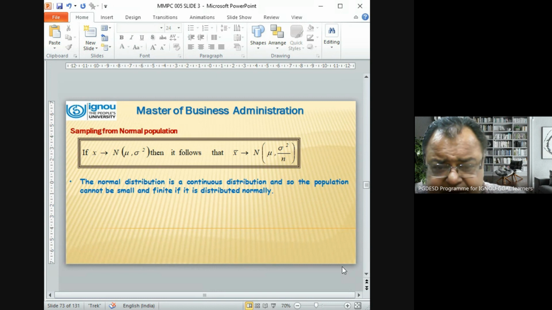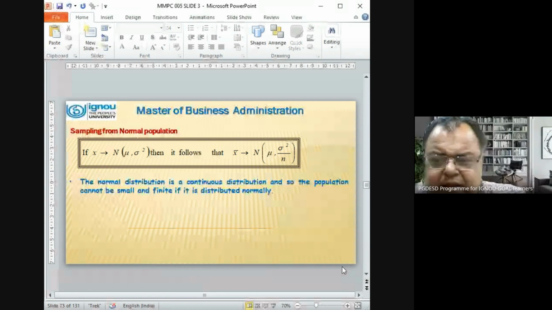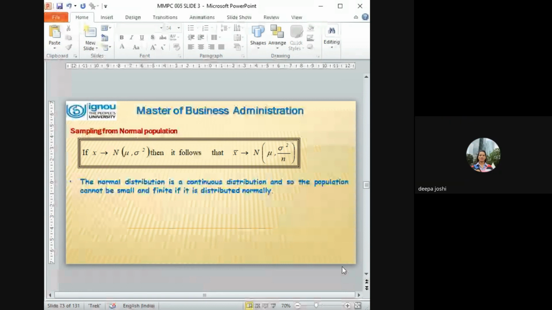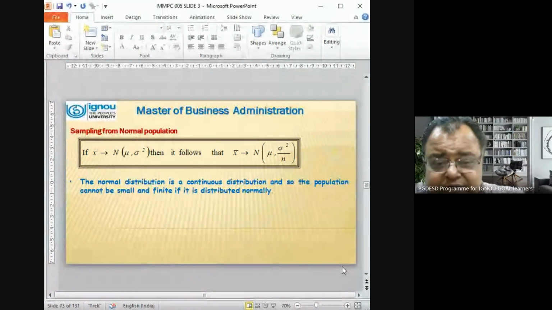That was x minus mu upon sigma. Yesterday we did that in probability. There were three numericals related to probability, and they all were related to normal distribution.